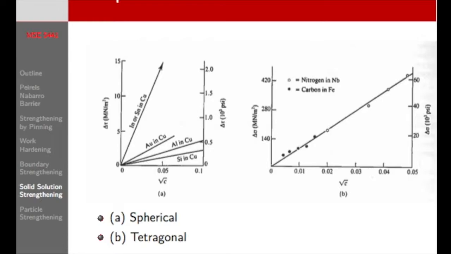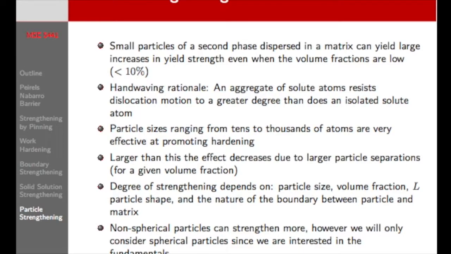I mean, it's very rare that you go to pure line compounds. We're usually quenching stuff in, right? So understanding where your solute atoms are going and what the effect they're going to have on the properties is key. So this will keep coming up again and again.